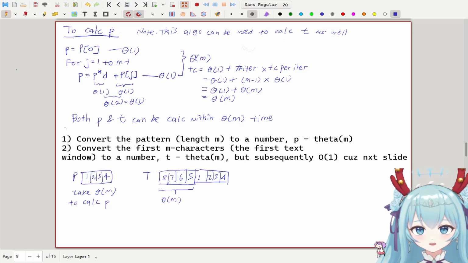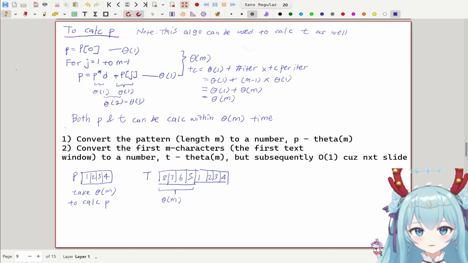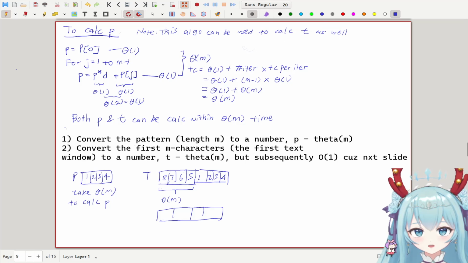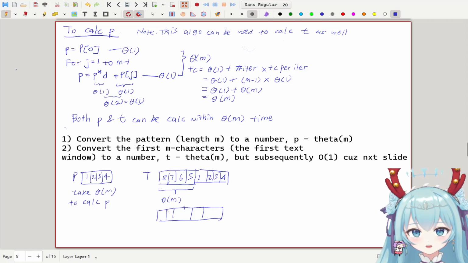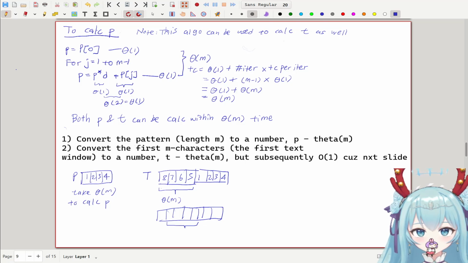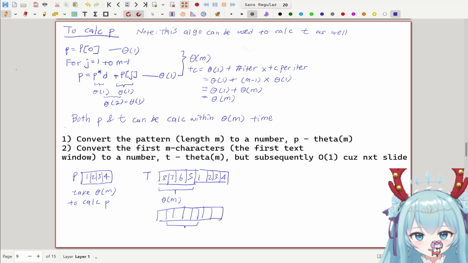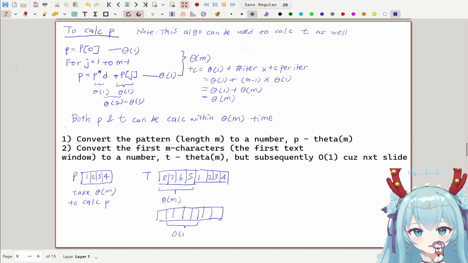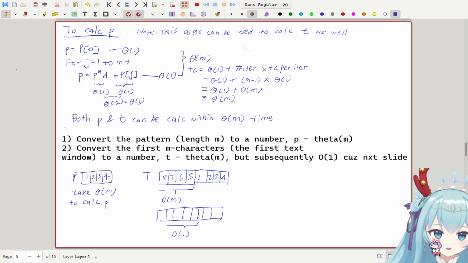Okay, but subsequently, when we want to calculate the second window, let me just redraw it over here. So this is the second window. This will only take O of 1 instead of theta m.